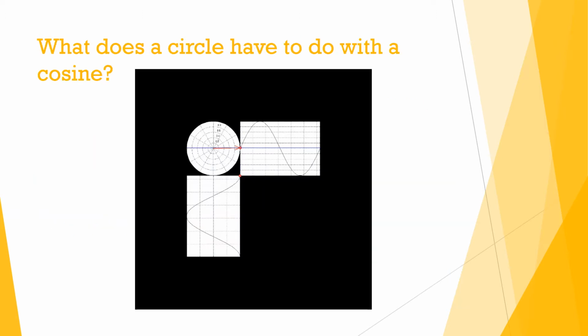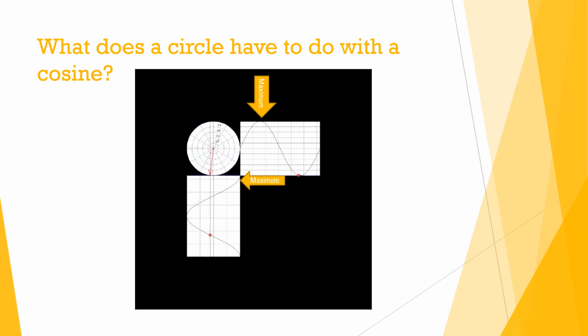But what does a circle have to do with a cosine? Well, if I play the movie for you, you'll see what happens as the radius rotates around the circle, and as it rotates, I plot the projection of its tip on the y-axis, and that's the figure that you see on the right-hand side, and also its projection on the x-axis, and that's the figure that you see on the bottom.